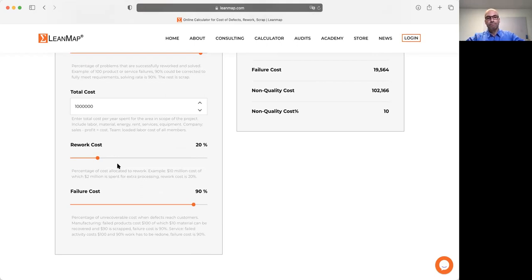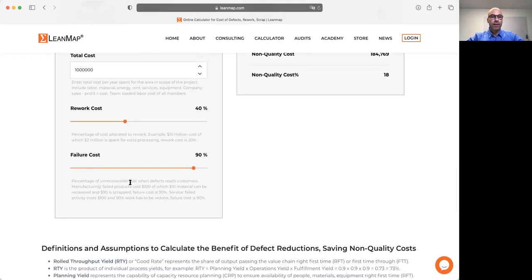In our case, let's say people are quite busy. 40% of the people are busy with rework. That's an extreme example. And the failure cost is, if we cannot repair it and it's completely lost, 100%.